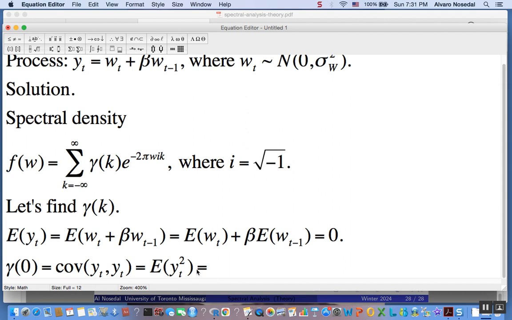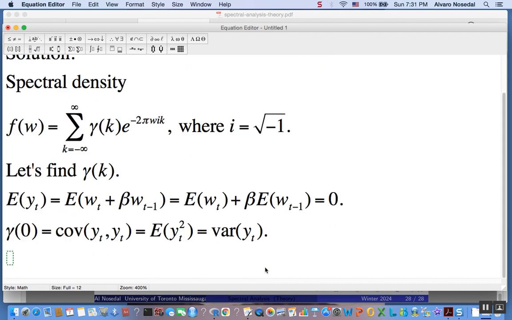Since the expected value of our process is 0, right, the expected value of yt squared happens to be the variance of yt. Okay?